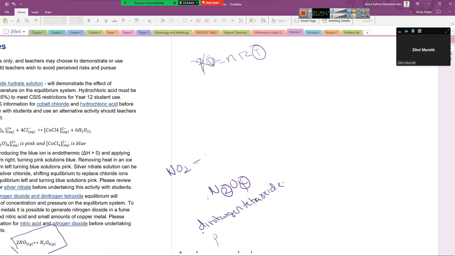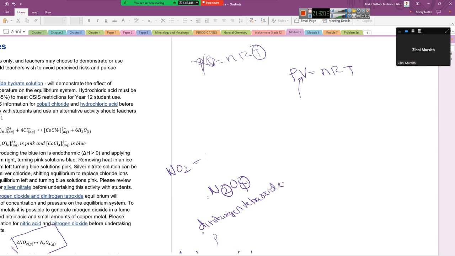We have already studied this equation, PV is equal to nRT, and we haven't studied any theory for volume. We haven't studied how the equilibrium will behave when the volume is changed. But we have studied for temperature change.